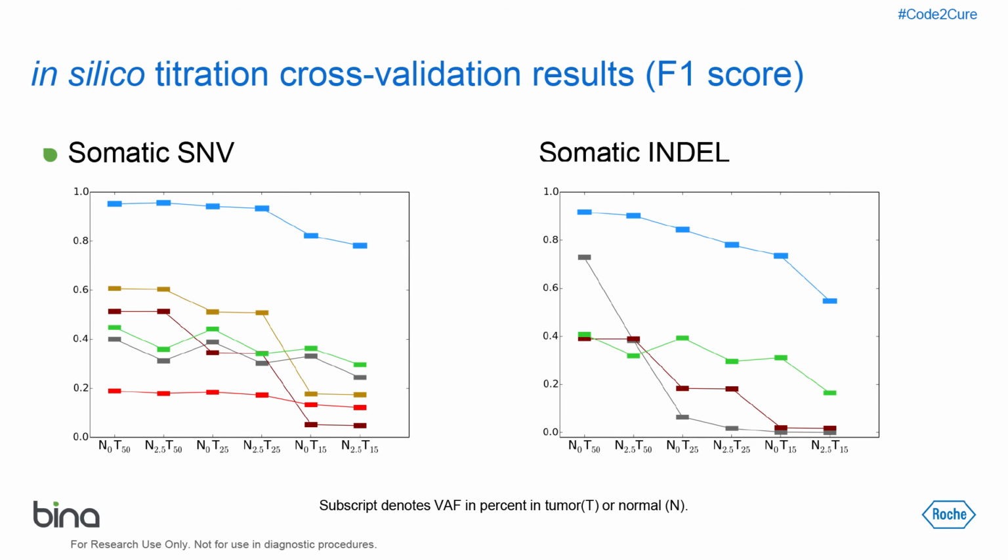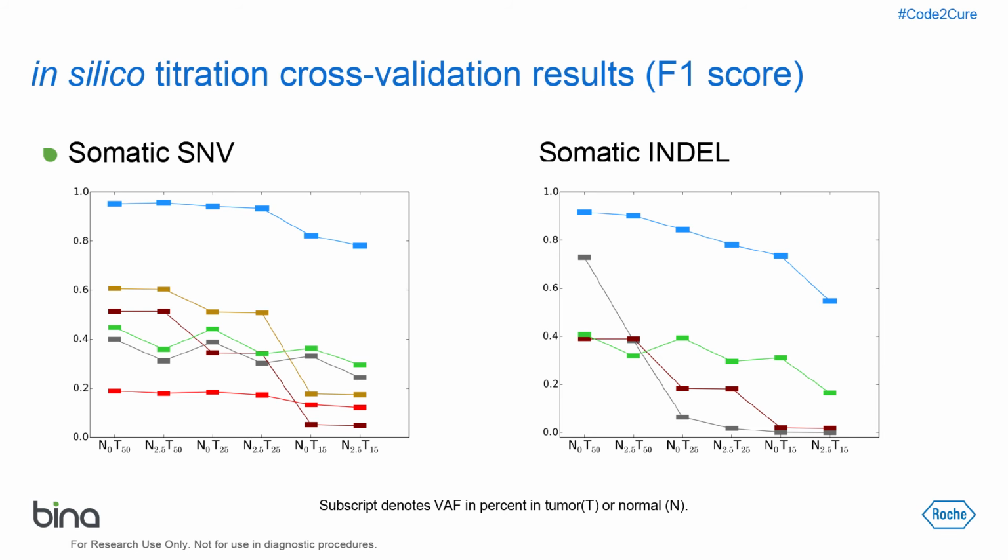The 6 settings are written on the x-axis of this figure. And 0N50T, for instance, means that the normal has 0 variant allele frequency, whereas the tumor, T, has 50% variant allele frequency. The tumor is pure, and the normal is pure. It is the easiest setting that we can create.